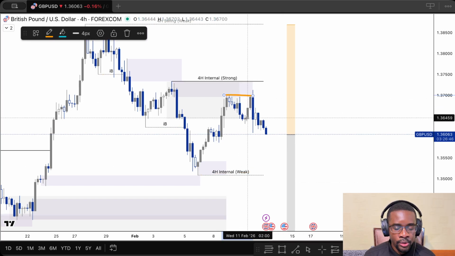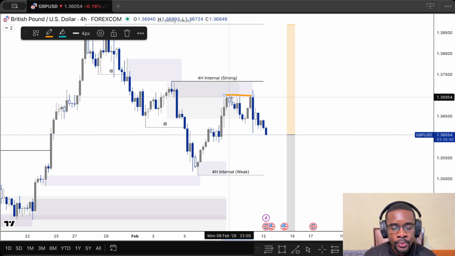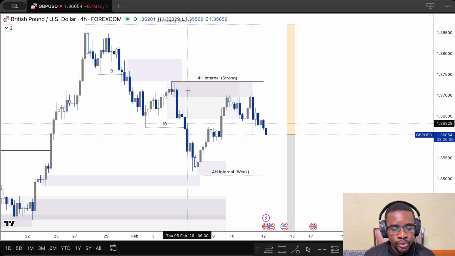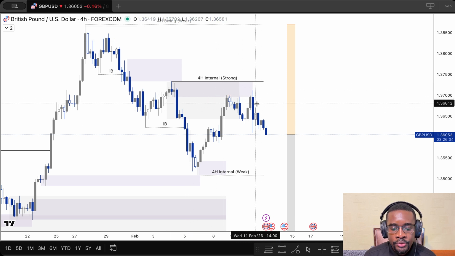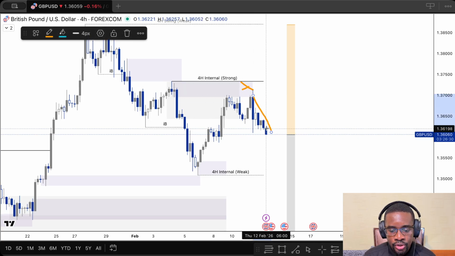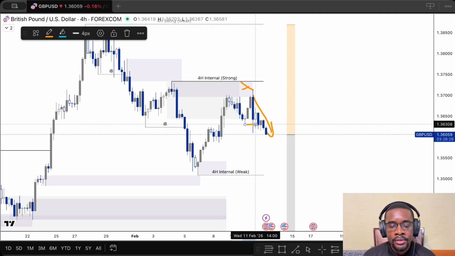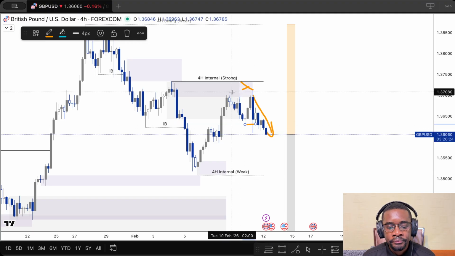We've got a liquidity sweep right over there. So anticipating that the internal range will continue, price went on to mitigate the extreme of the range and then shifted bearish again.